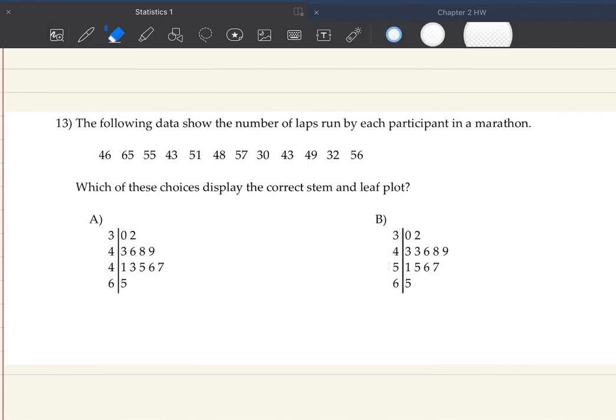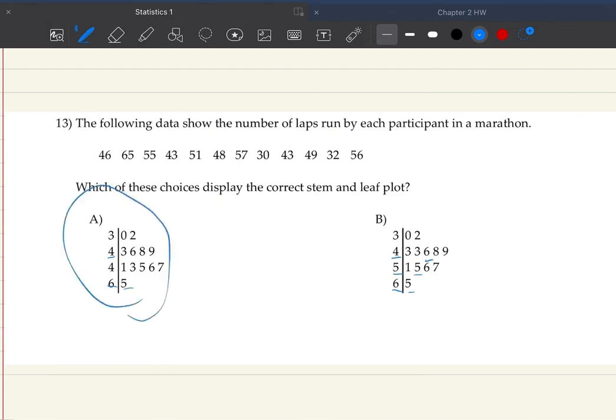So we have 46, which is 46. We have 65, which is 65. We have 55, which is 55. So we got the wrong stem and leaf plot over here. So the answer must be B.